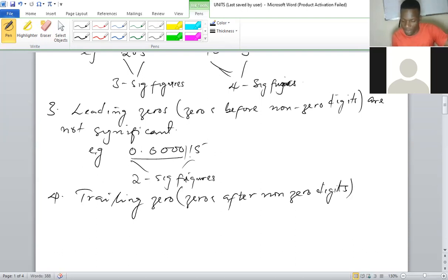Now, these trailing zeros, if there is no decimal, without a decimal, then generally they are not significant.